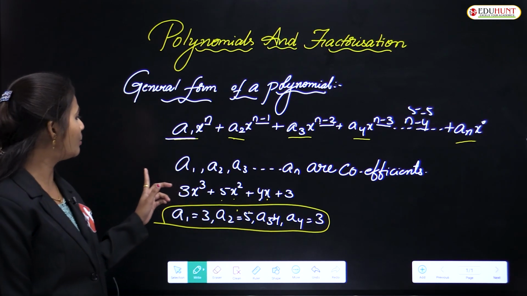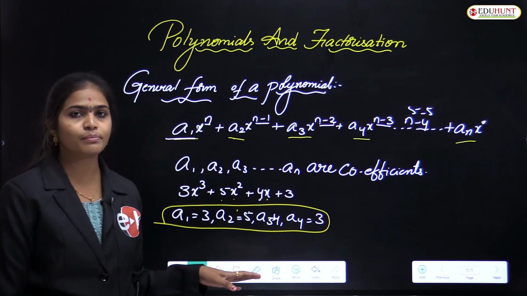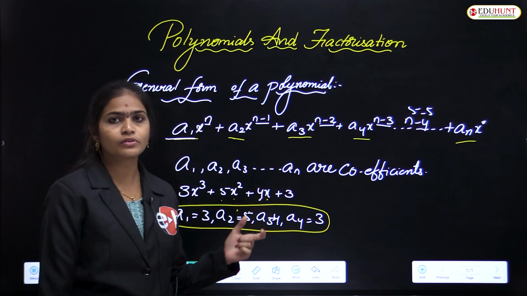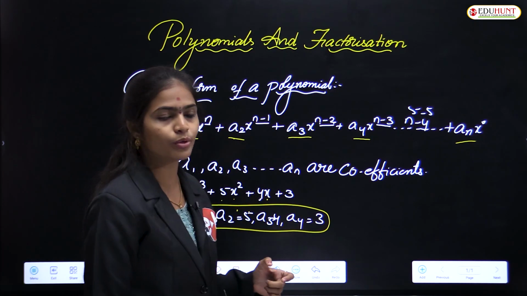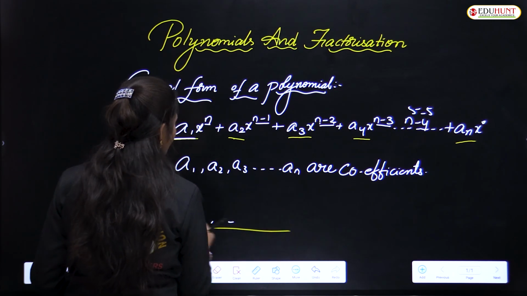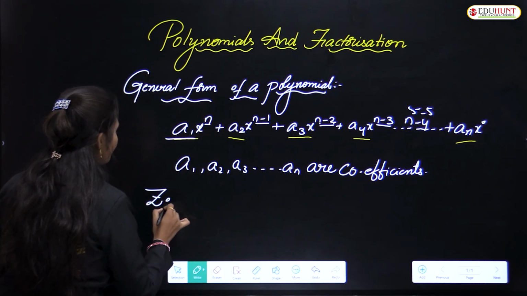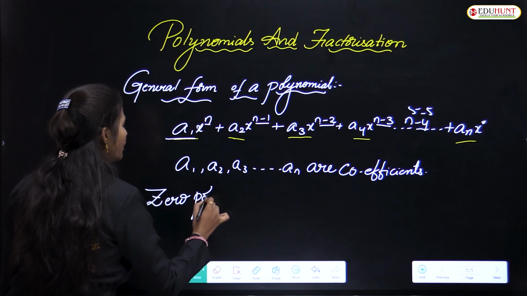Now why am I talking about a1, a2, a3 and so on? Because here we have one concept, that is the zero polynomial. What is that? Zero polynomial.